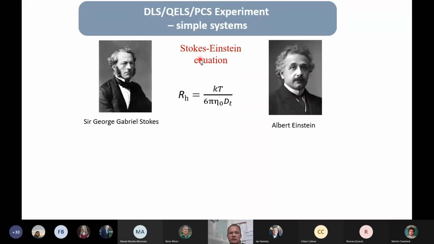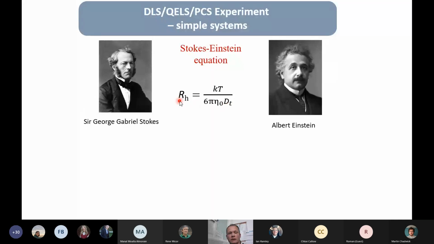And this equation is known as the Stokes-Einstein equation. It tells you that the radius of a hard sphere, because Stokes was making experiments with hard spheres, is inversely proportional to the diffusion coefficient. So the smaller the nanoparticles, the smaller the proteins we're dealing with, the higher the diffusion coefficient.